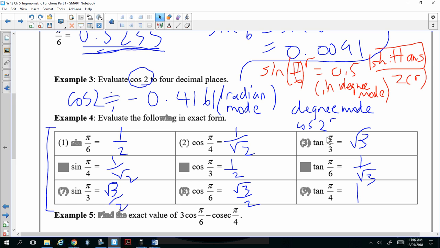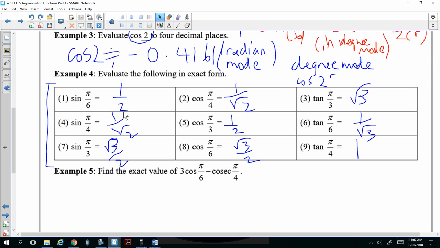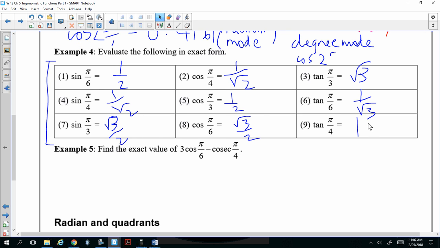Okay, all right, good. Let's work out this exact value, 3 cos pi over 6 minus cosec pi over 4. So if you know what cos pi over 6 is, what's that? It's root 3 over 2. So write root 3 over 2 multiplied by 3 minus, what's cosec equal to? 1 over sine. So write 1 over sine pi over 4.